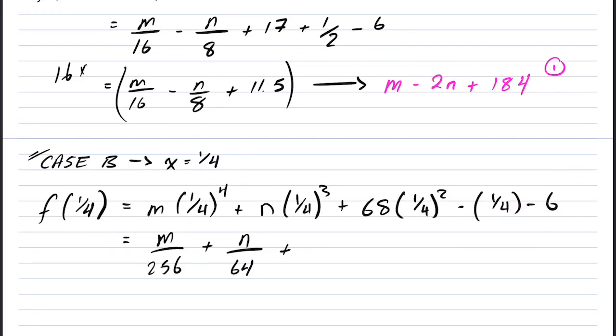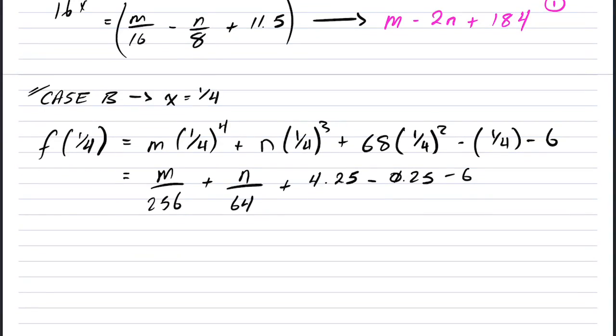Plus 68 divided by 16. It's not really divisible, whatever, we'll just say it's 4.25, minus 1 over 4, let's make that a decimal as well, minus 0.25, minus 6.